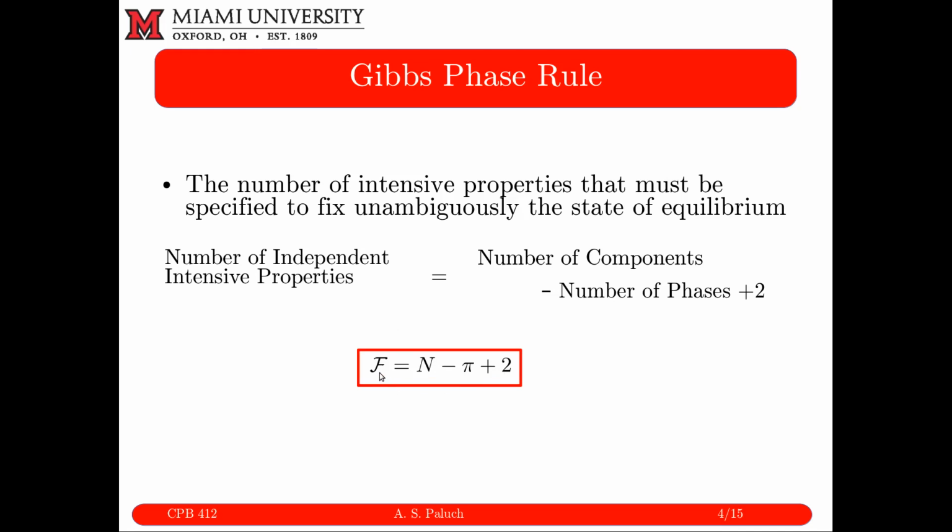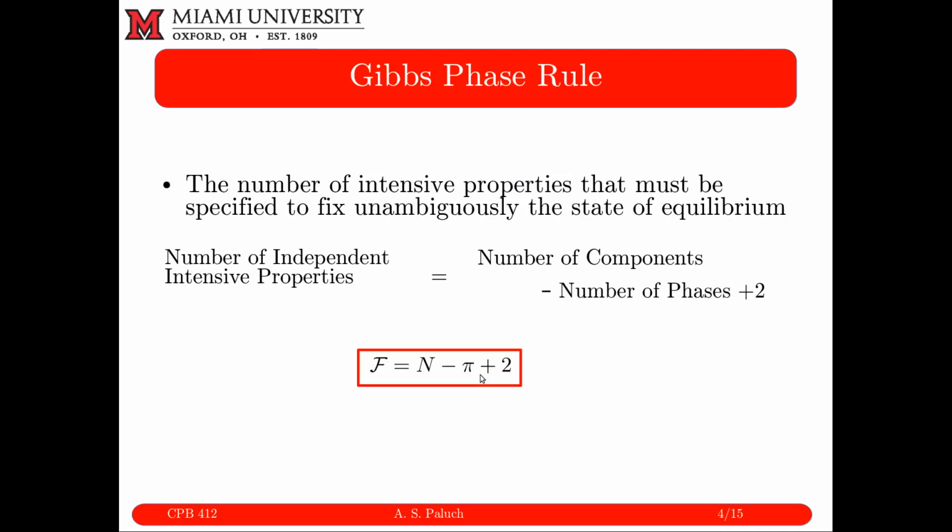The number of degrees of freedom, or the number of independent intensive properties that must be specified to fix unambiguously the thermodynamic state of my system, is equal to n, the number of components, minus pi, the number of phases, plus 2.